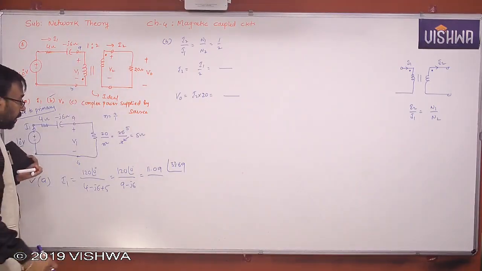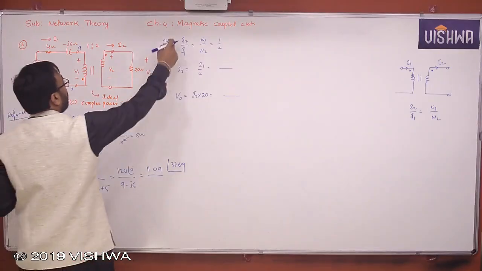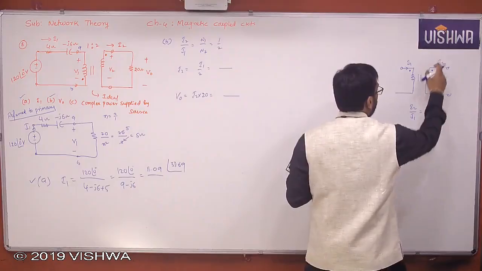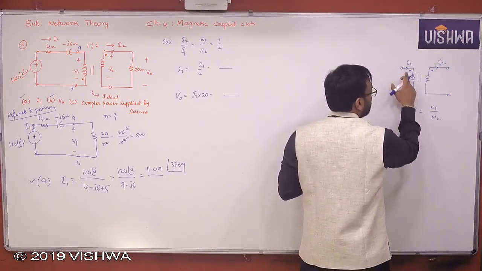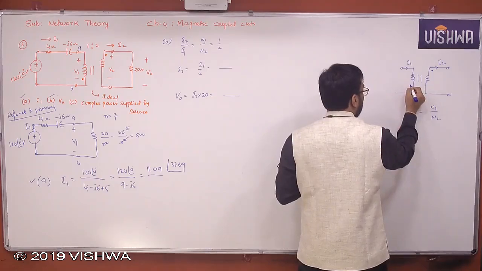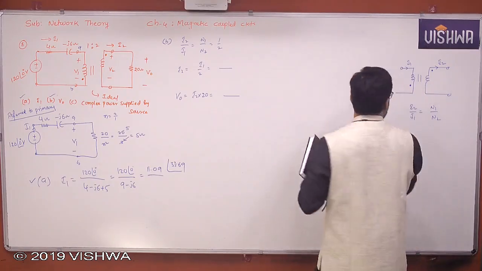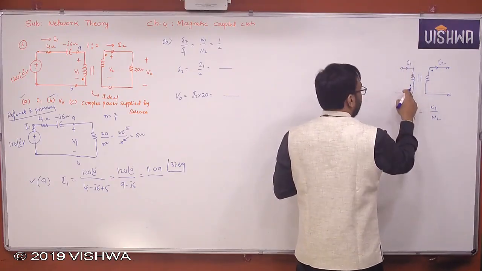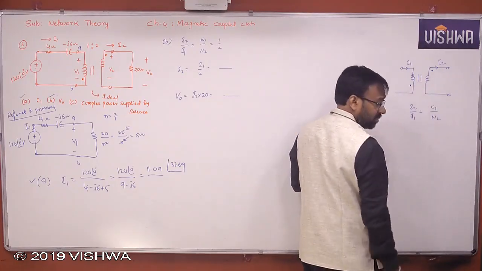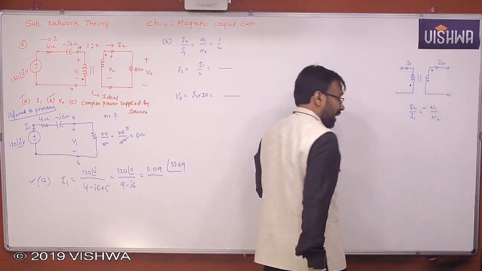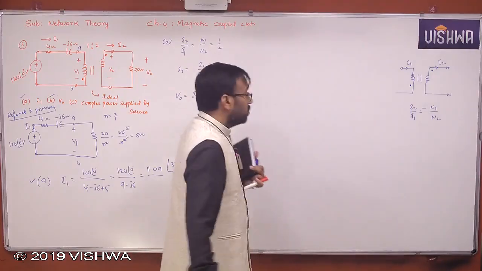Now when I am finding I2 and I1, the relation between I1, I2 and N1, N2: when I1 is entering, I2 is leaving, this is the relation. But what is happening here? The dot is given in the question. So I1 is entering, but I2 is also leaving, then the current ratio will become what? Minus N1 by N2. Yes or no?